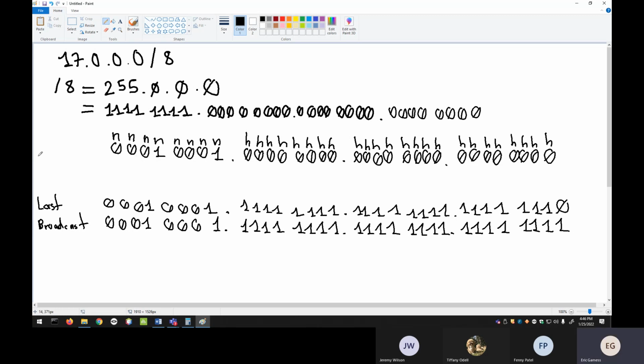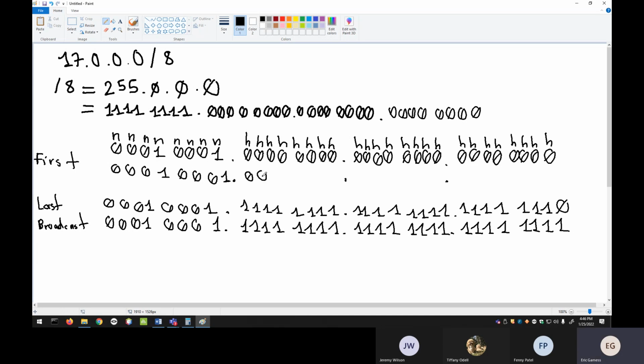How do I get the first valid IP address? What does the slide say about the first valid IP address? The network part you cannot change. We belong to the same network, so we have the same network part, which is 17. Now, to get the first valid IP address, how are we going to fill the host bits? All in 0, except the last one.